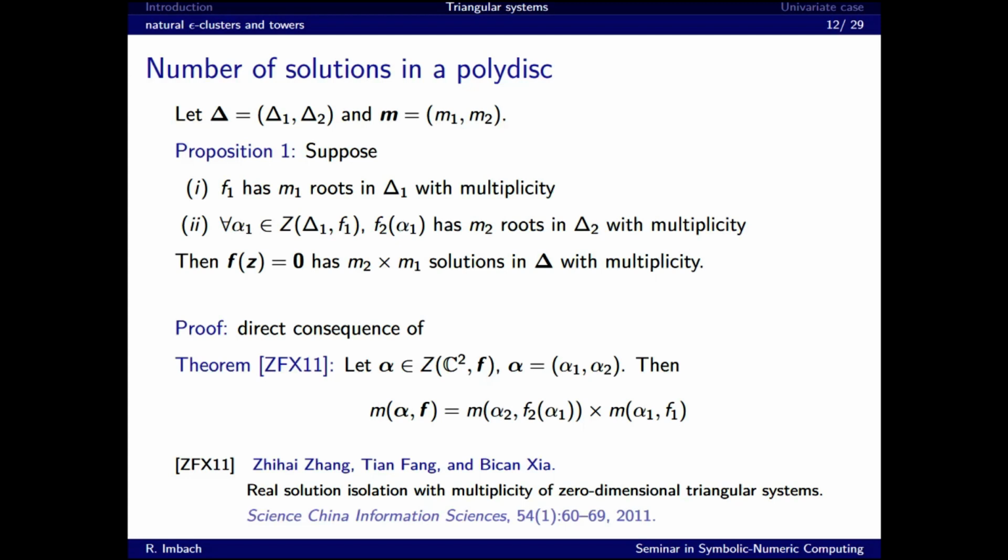The Pellet test will give that. But you are asking how we define the multiplicity. In the general case, the definition is quite involved, but for the triangular case, we can at least compute the multiplicity, or since it is equivalent, we can define the multiplicity this way. And the two definitions will be equivalent.